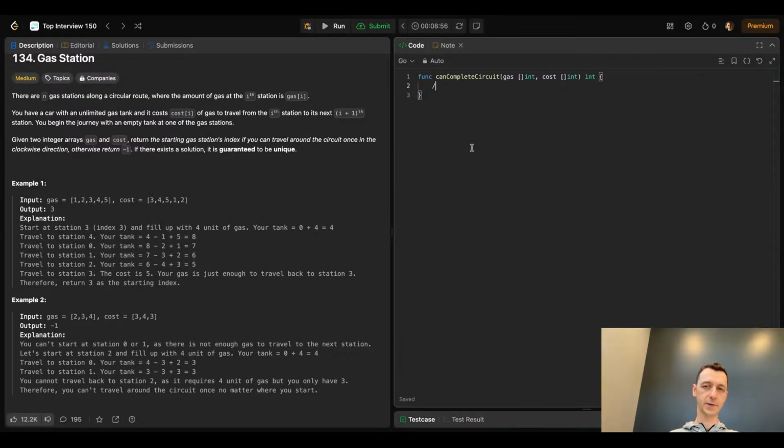Okay, so several approaches. Of course, we need brute force. We could do some simulation. Ideas would be to somehow use dynamic programming.